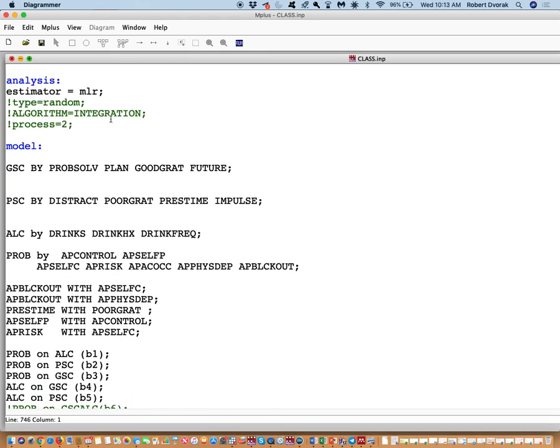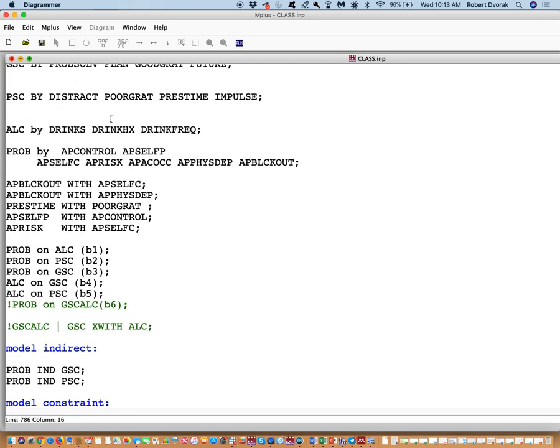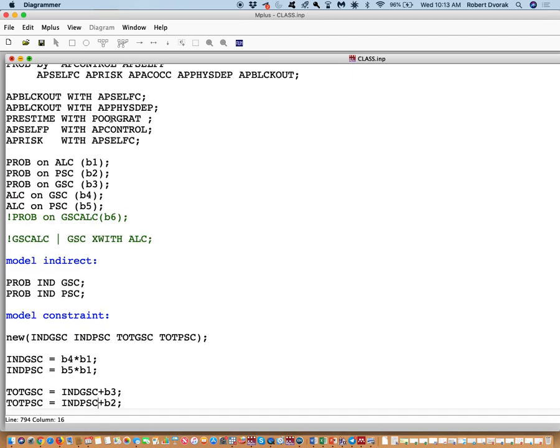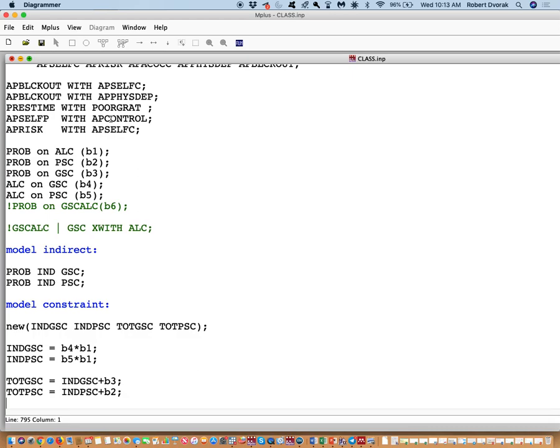I still have an error, it's just a different one. What's it say? Only one sign is allowed for each statement, problem component statement starting with IND GSC. What do your statements say? Do you have IND GSC and IND PSC? Semicolons. Colleen, how about you? How are we coming?